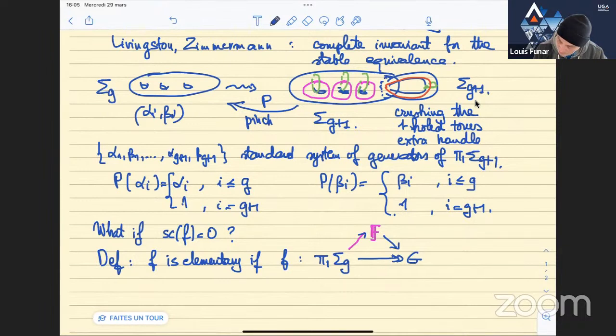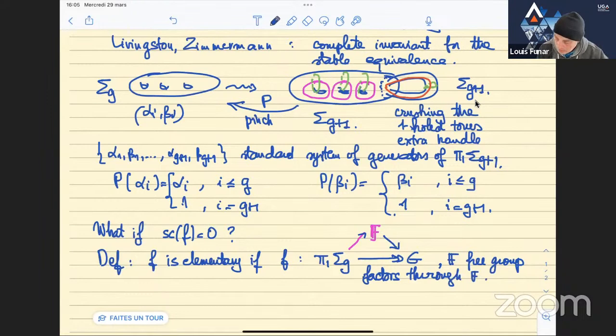I am not specifying how many generators and so on. It will become clear that there is a better choice for everything. So F is elementary if it factors through a free group.